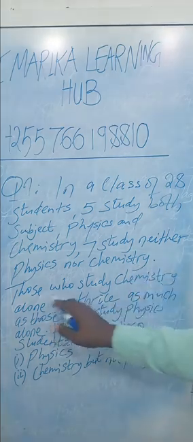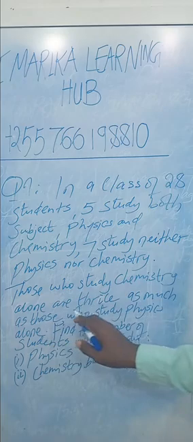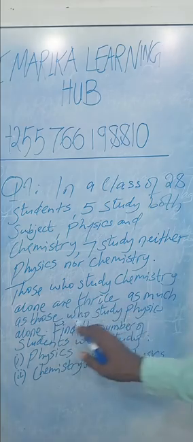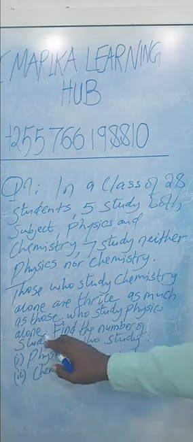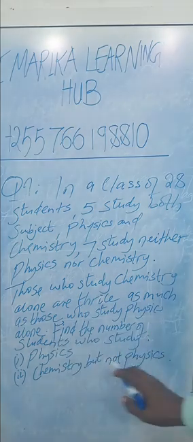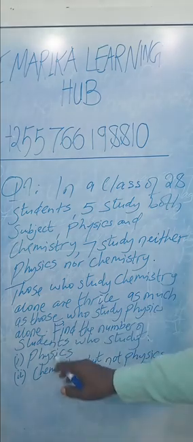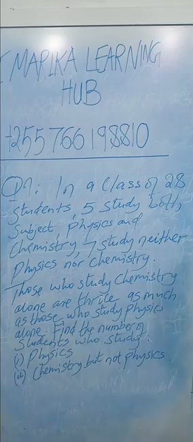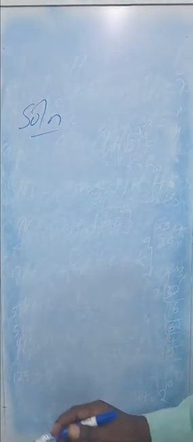Those who study chemistry alone are thrice as much as those who study physics alone. Find the number of students who study (i) physics and (ii) chemistry but not physics. Okay, here's the solution.